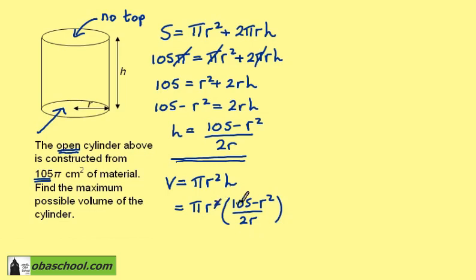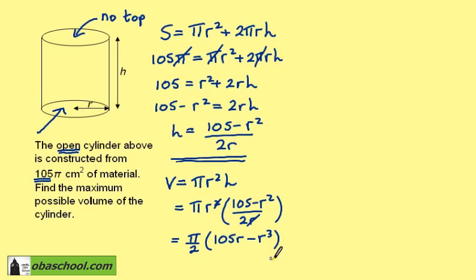And we can simplify this, cancel the r's, bring the 2 on the bottom outside, and multiply the r into the bracket. So we get pi over 2 times 105r minus r cubed.